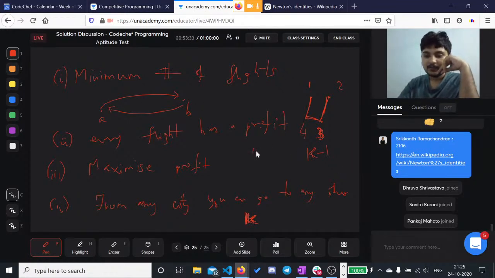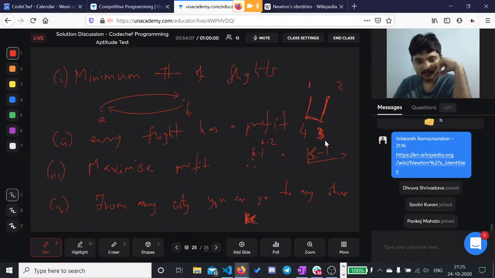If I have k minus 1 cities already with k minus 2 flights that connect them together, and if I add one city, I only need one flight from that city to any of the k minus 1 cities, and they would be connected to each other by induction. So you can say that's one way to look at it. So you would need to schedule k minus 1 flights so that you can get from one city to another city. Okay, any doubts in that?